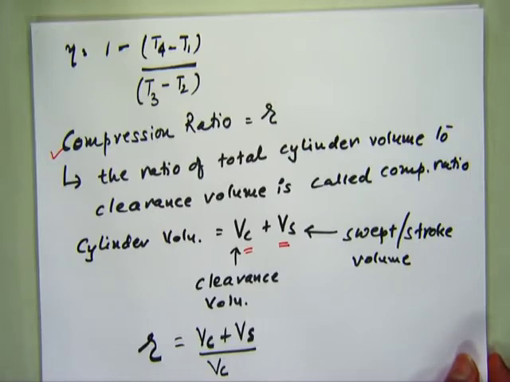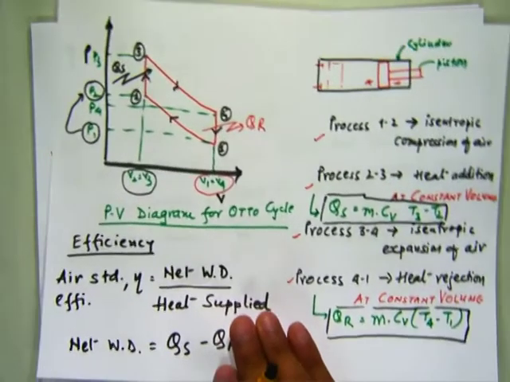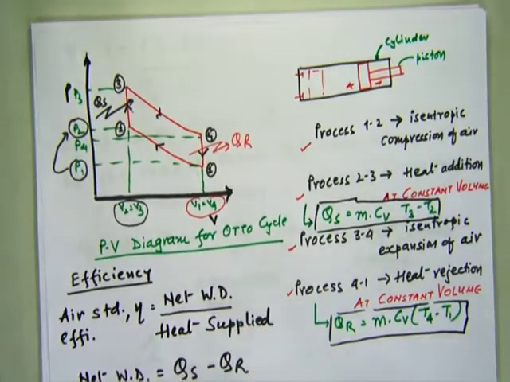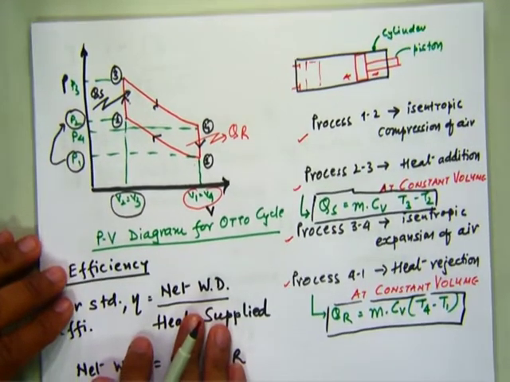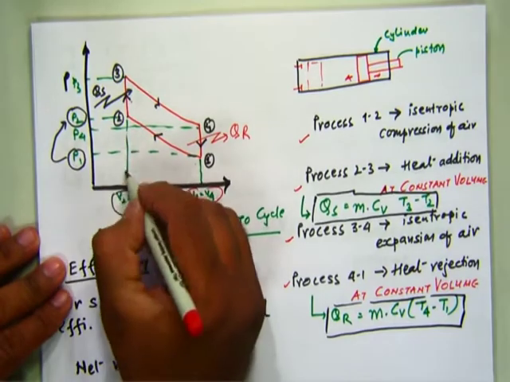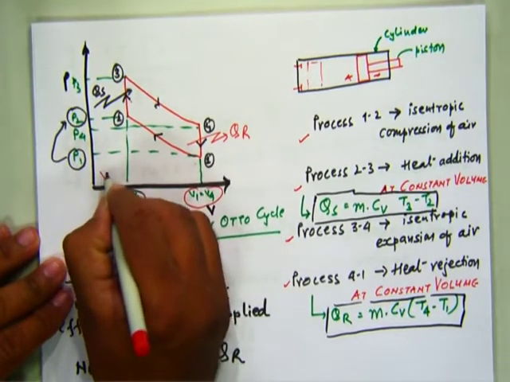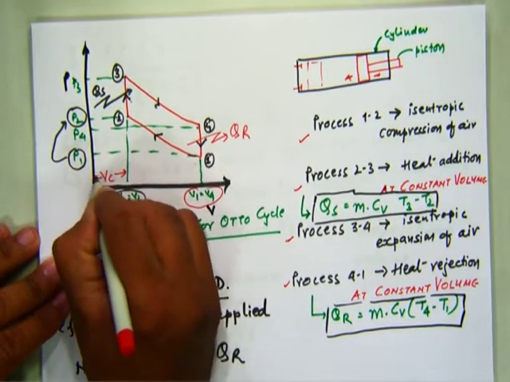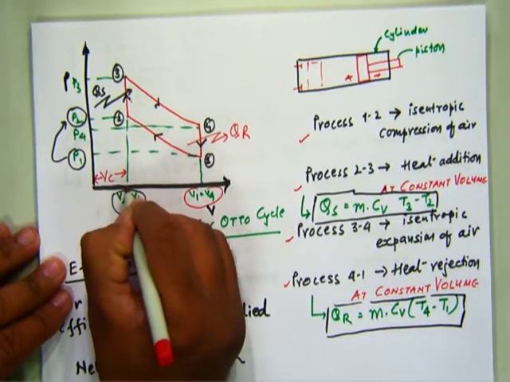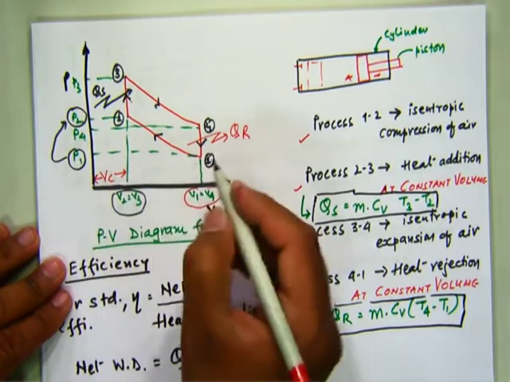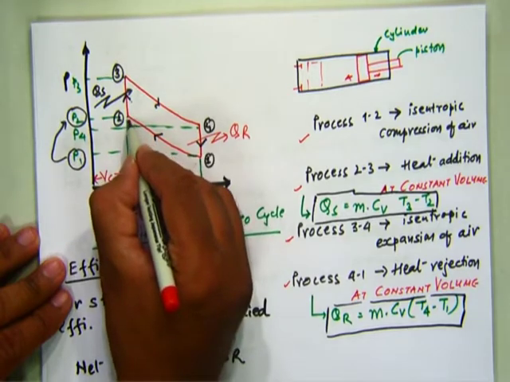If we refer to this figure, this volume V2 is the clearance volume, and during this the piston moves in and out.